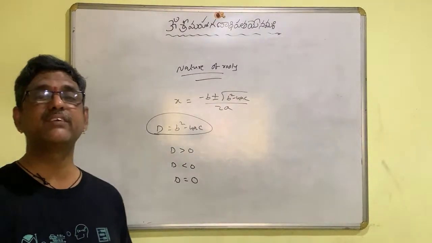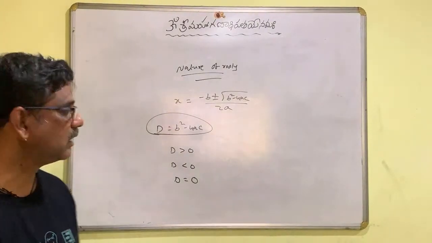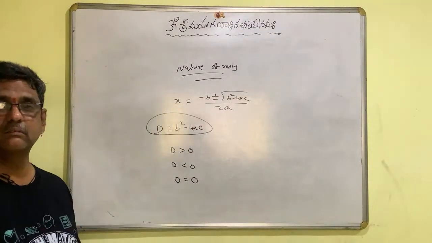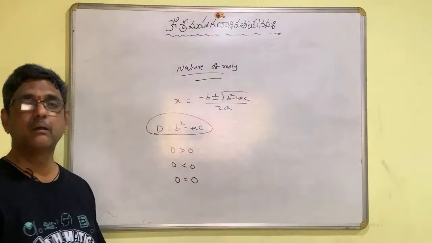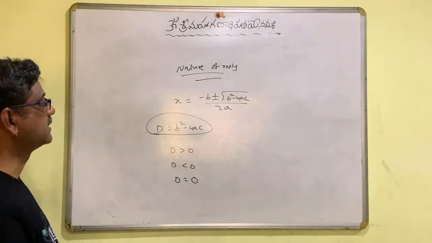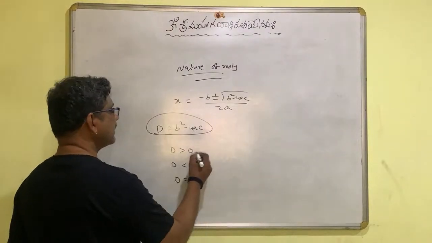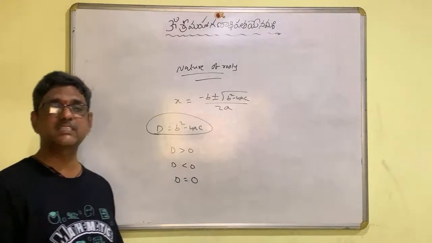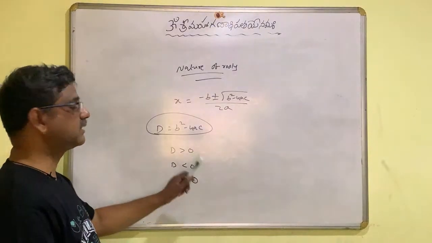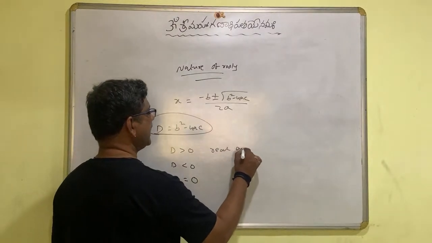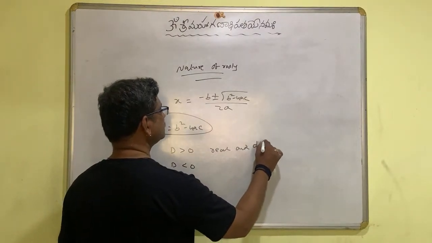A number may be positive, a number may be negative, and a number may be 0 also. If discriminant is positive, that means greater than 0, the roots are real and different.